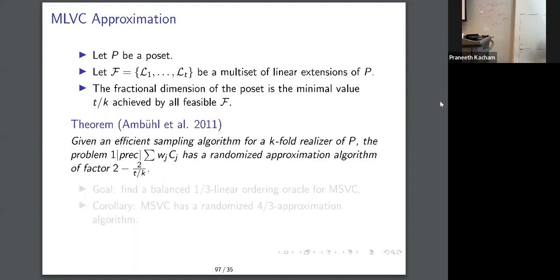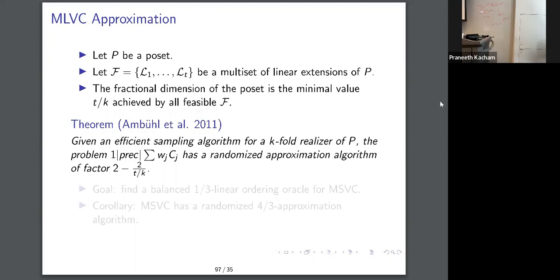So let's see what the fractional dimension of this DAG is. Let's give a minute of thought to that. Yeah, it's something like 2 or 3. But what is an easy solution for that? 1/3 approximation, it should better be 3. Yes.